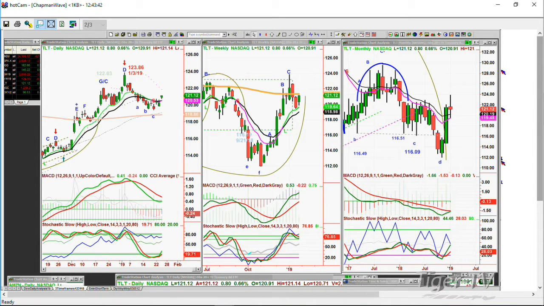If at any point in the next 2 weeks there is a move above 123.86, that would help the monthly, not just the weekly chart, because that would go to a leg D, but that would help the monthly chart MACD actually cross positive.